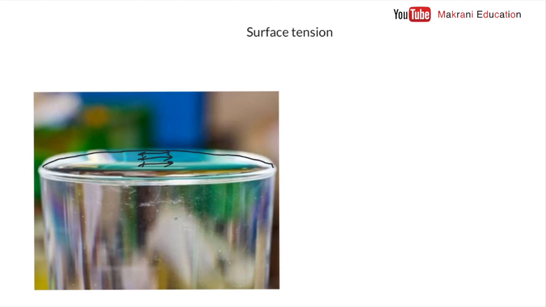It is because water molecules always attract each other, so they don't allow water to fall down until it reaches a specific limit. So this force per unit length is called surface tension. Surface tension T is nothing but force upon length, that is force per unit length, stretching force per unit length.